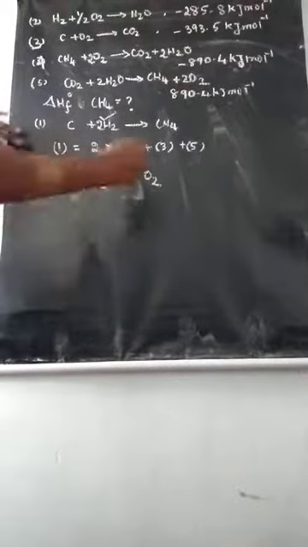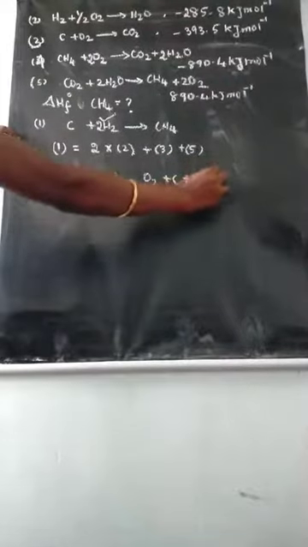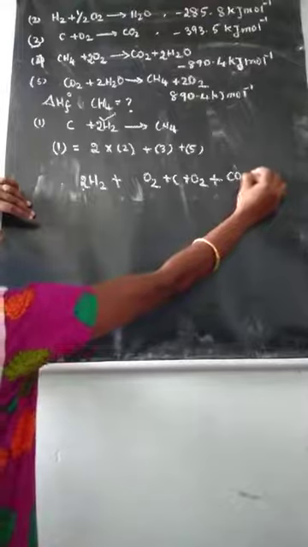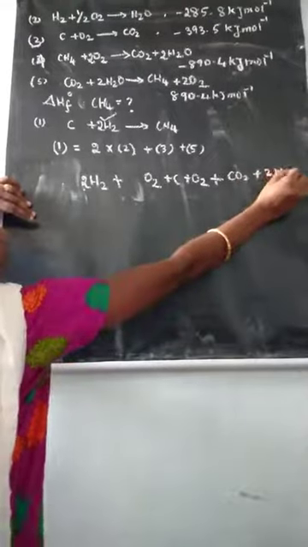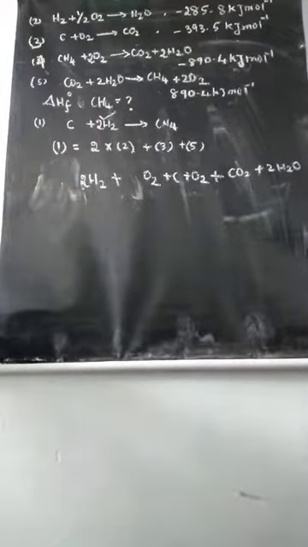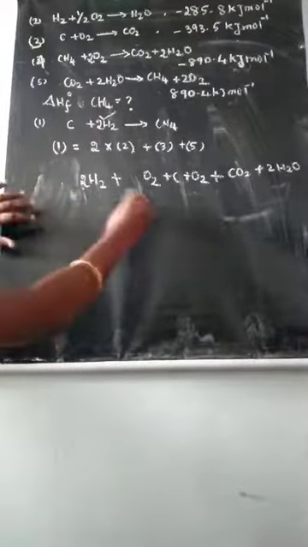Then third equation, C plus O2, plus fifth equation, CO2 plus 2H2O. Understand? Now the right side.